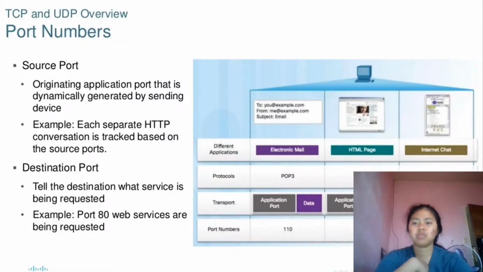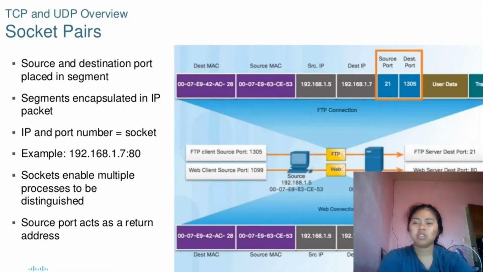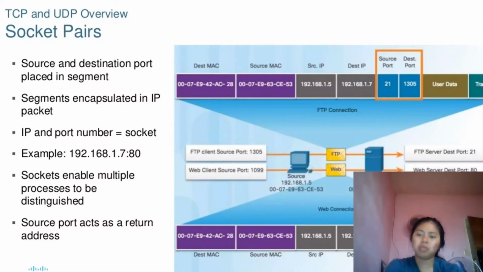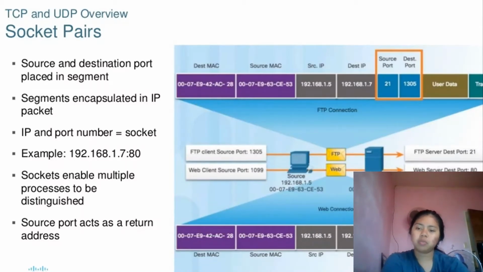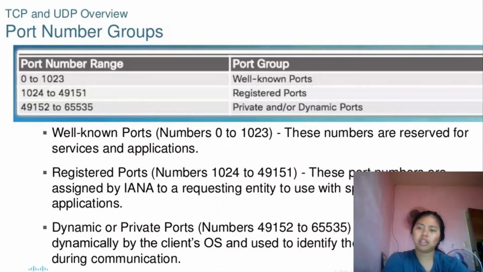Port numbers: source port and destination port. Socket pairs: the source and destination port are placed in the segment, encapsulated in an IP packet, with the IP and port number. Sockets enable multiple processes to be distinguished. The source port acts as a return address.